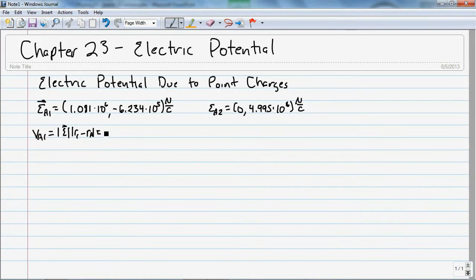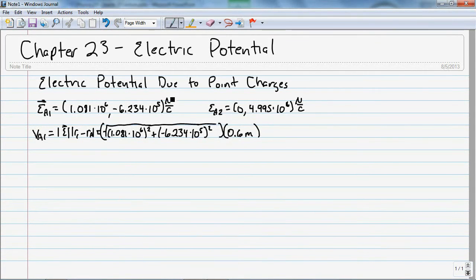The magnitude is going to be the square root of the squares of the 2 components, it's just Pythagorean theorem, and the distance between Q1 and point A is 60 centimeters, which is 0.6 meters.